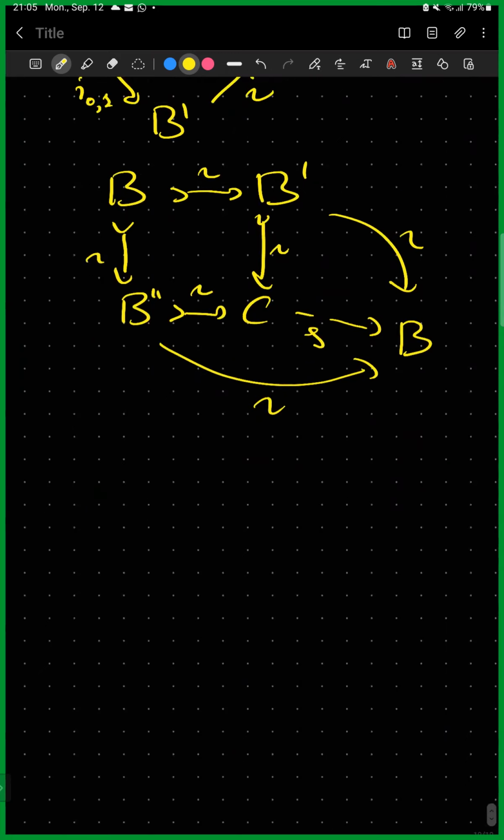Okay, so all of this is great, and we almost got the required homotopy between map F and the map H. We have only one difficulty.